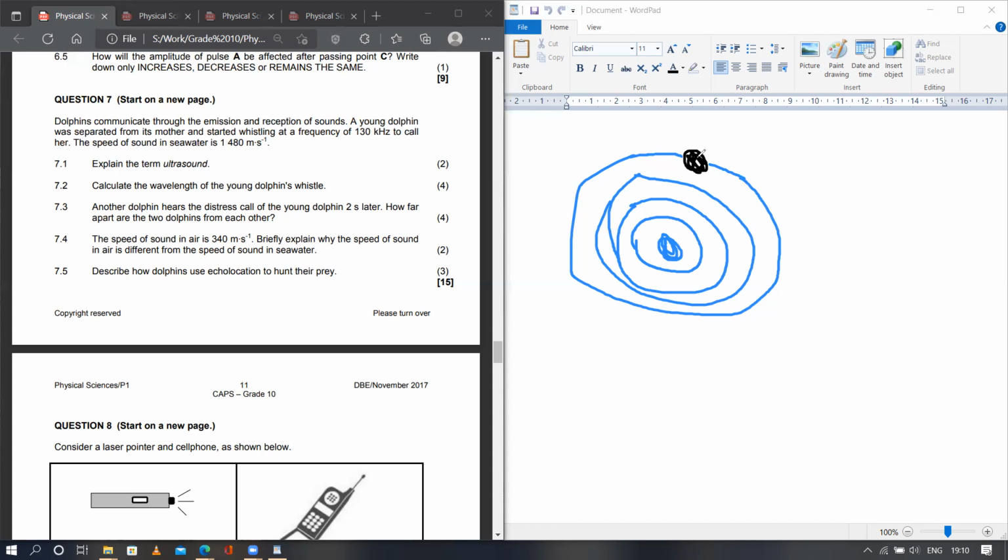There's something interfering in the motion of the waves. So as they emit their sound waves, where there's that interruption, that's where the prey is. They emit their waves, and the fish is there.